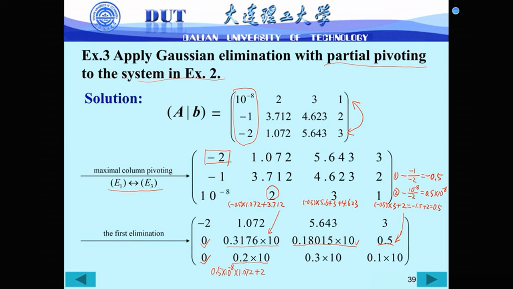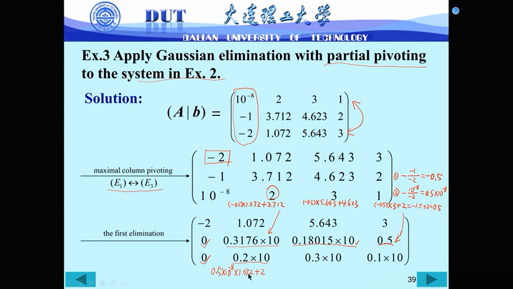Now you can see here, because this is a very small number, 0.5 multiply 1 point, actually it is almost 0.6. Also 0.5 multiply 10 to minus 8 plus 2, right? So actually this is a very, very small number.